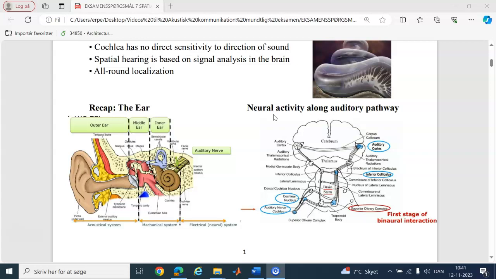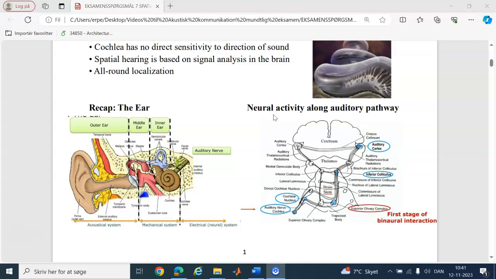tympanic membrane. That's the acoustic system. Then we have the mechanical system, consisting of the middle ear and inner ear. In the middle ear there are the ossicles, and the inner ear has the cochlea and the basilar membrane. The electrical system is the auditory nerves.